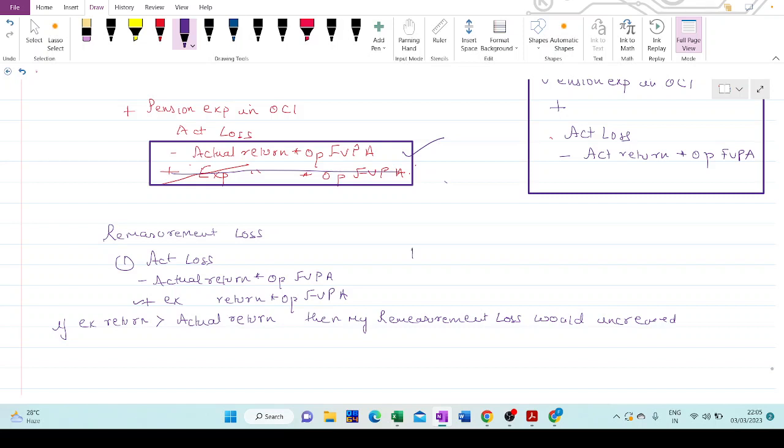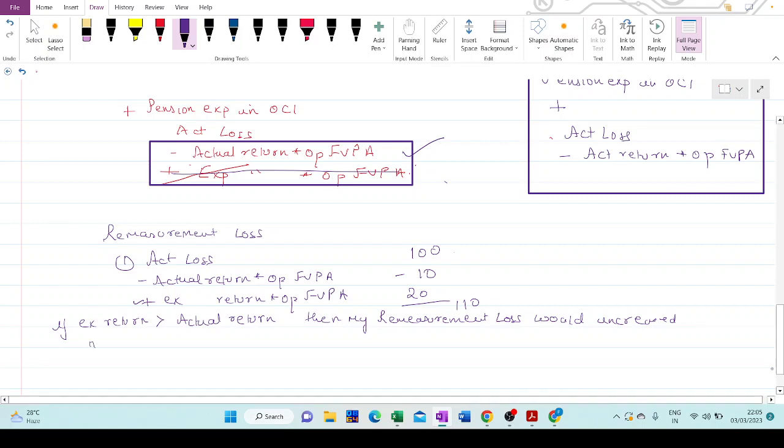So say the actuarial loss is 100, expected return is 20, and actual return is less than the expected return, right? So my remeasurement loss would be 110, right? In this case, my expected return is greater than the actual return. However, if expected return is less than the actual return, right?